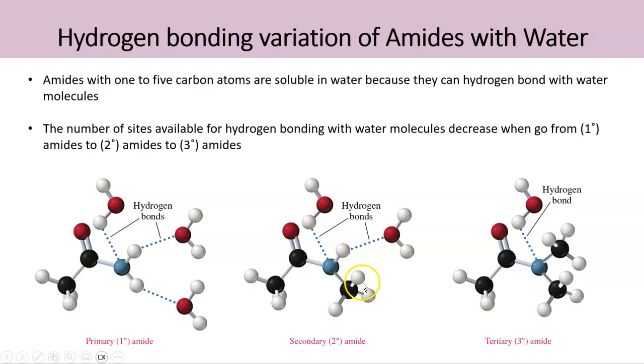And in secondary amides, there's only one hydrogen atom attached to nitrogen to make hydrogen bonds with water molecules. And in tertiary amides, there are no hydrogen atoms, but still the nitrogen atom can make hydrogen bonding. So it doesn't completely diminish, but it's much more limited. In this way, you can understand the water solubility of amides based on their hydrogen bonding abilities.